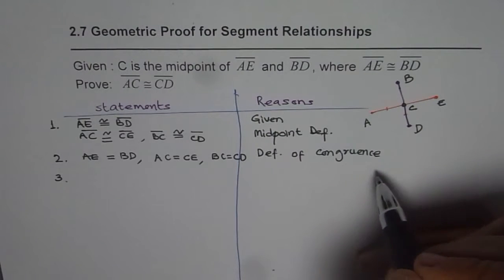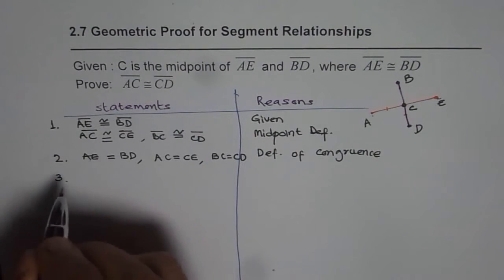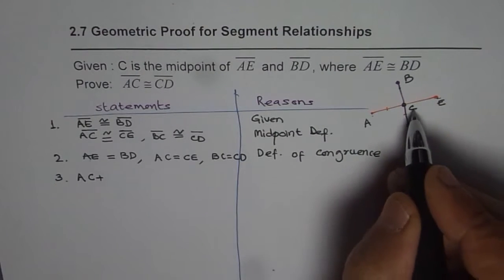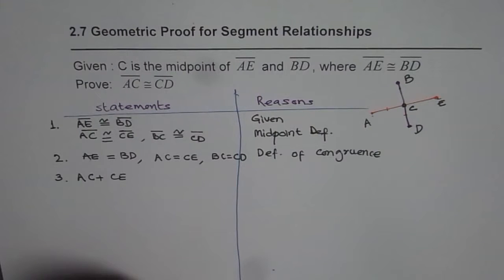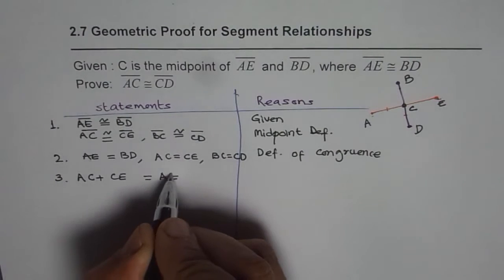So what we can do is we can write AE as a combination of AC and CE, right? So AE could be written as AC plus CE. Correct? AC plus CE, let me first write this as AE.